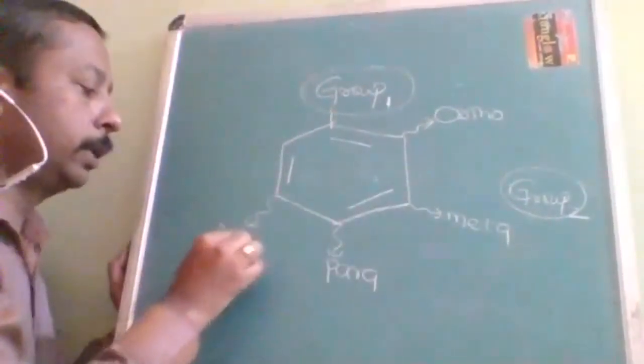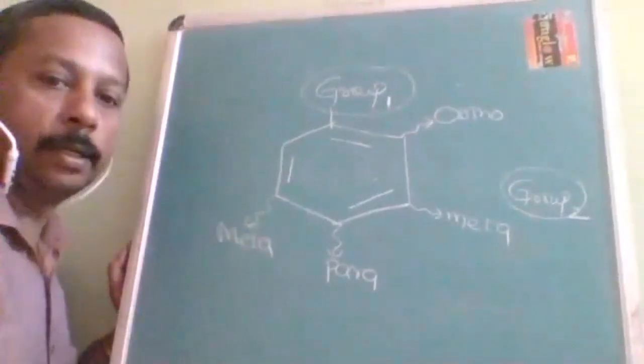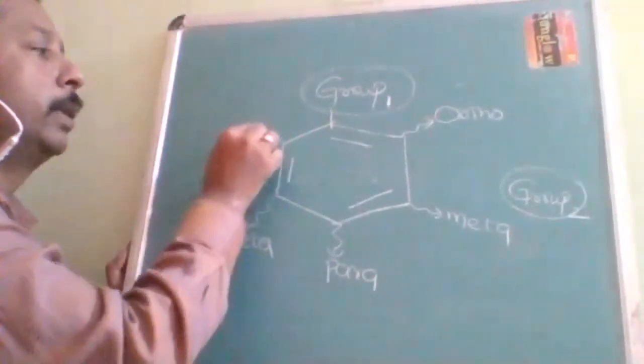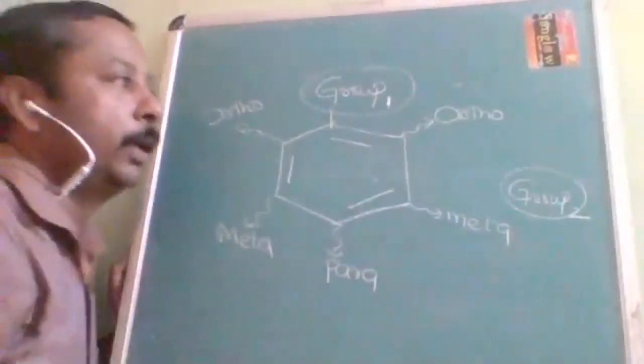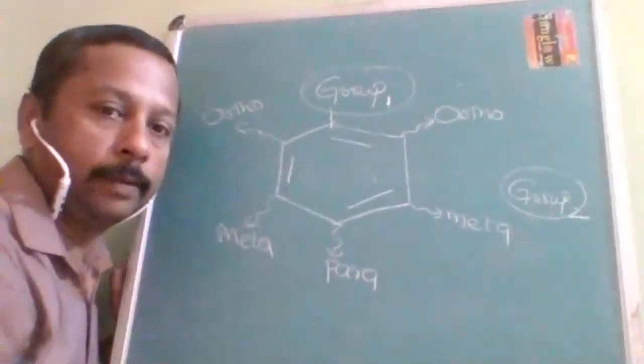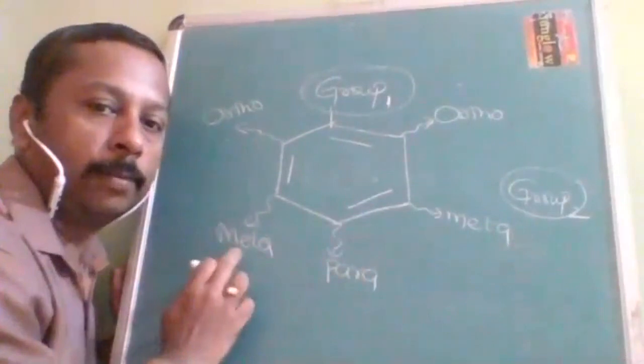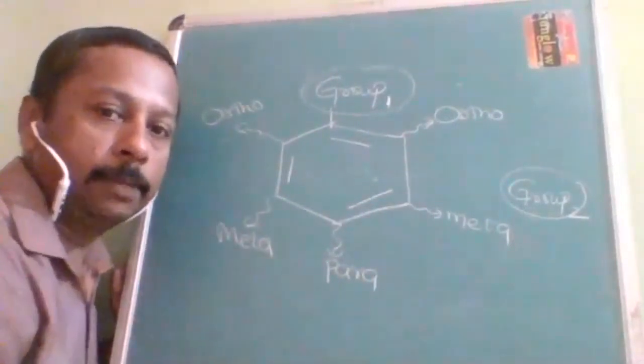These two are also called meta. So ortho has 2 active sites, meta has 2 active sites, but para has only 1 active site.